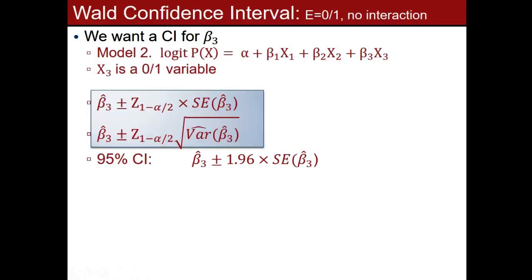If you wanted a confidence interval for beta 3, then it is beta 3 hat, the estimate that you get out of SAS, plus or minus this z statistic, where 1 minus alpha over 2 is the cut point, so that's 1.96. For a 95% interval, that's the value we use, which is the value of the z distribution with 2.5% on either side, times the standard error of beta 3.